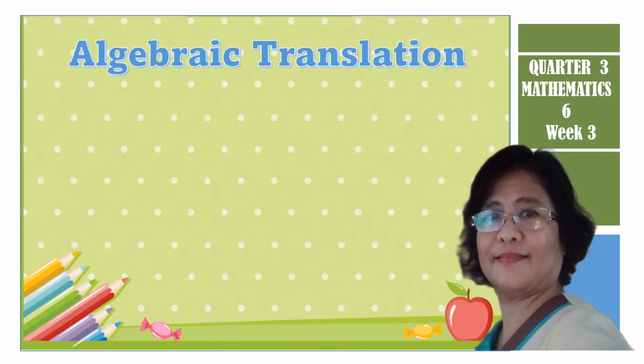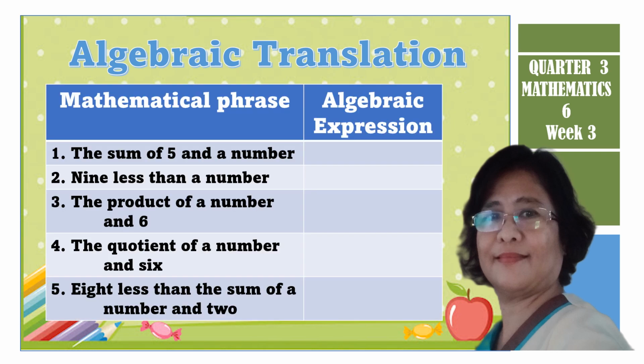Now, it is your turn to get your pen and paper to answer the following exercises. Translate the following into an algebraic expression. Number 1. The sum of 5 and a number. Again, the sum of 5 and a number. How are we going to translate?